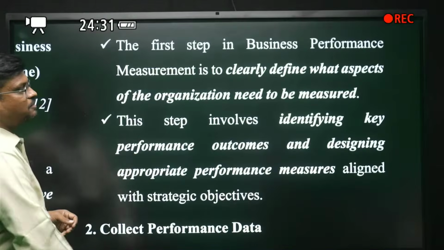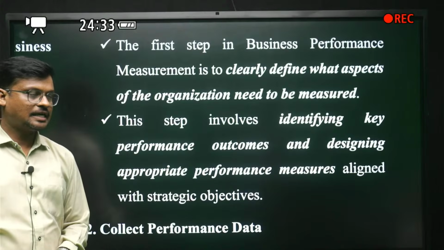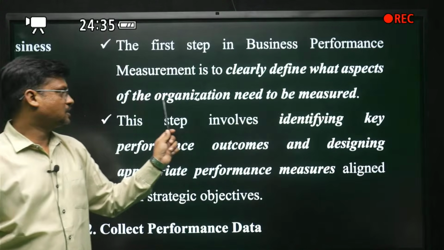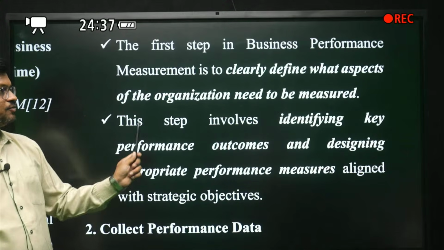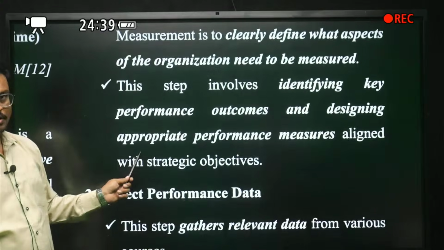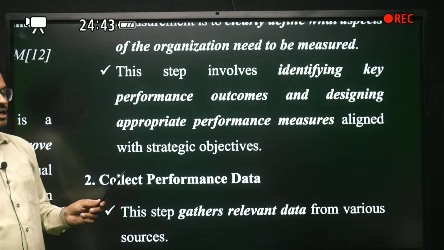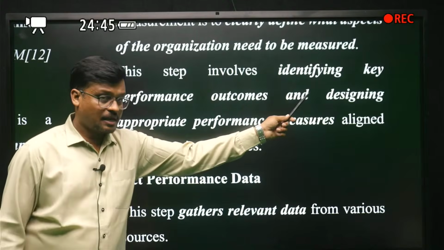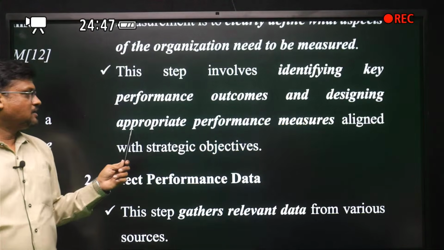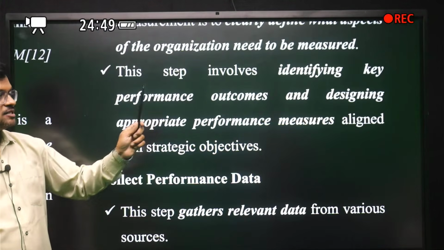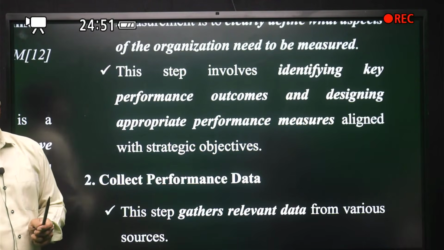The first step in business performance measurement is to clearly define what aspects of your organization need to be measured. This phase will identify the key performance indicators, KPIs, and design appropriate performance measures aligned with the strategic objectives.